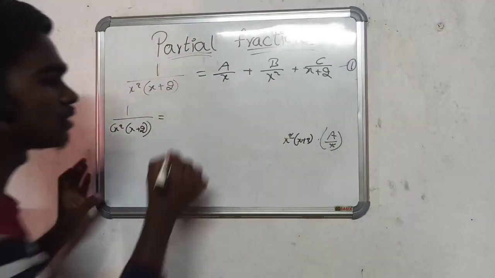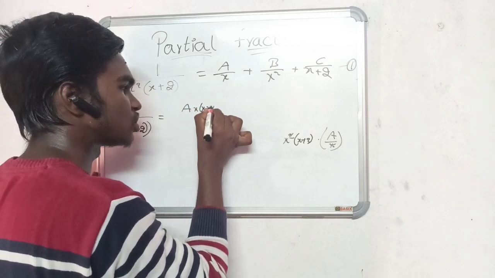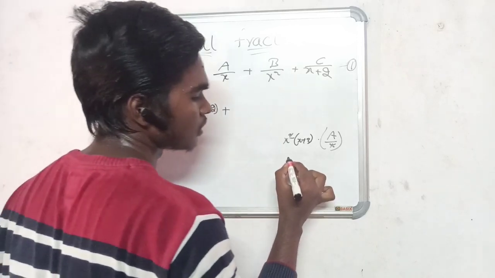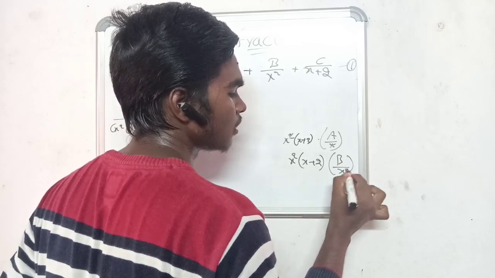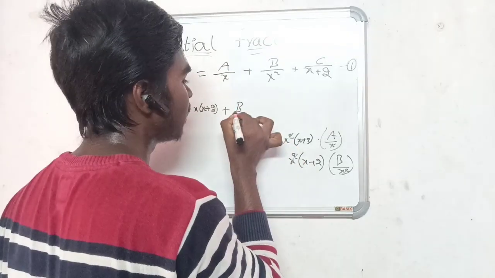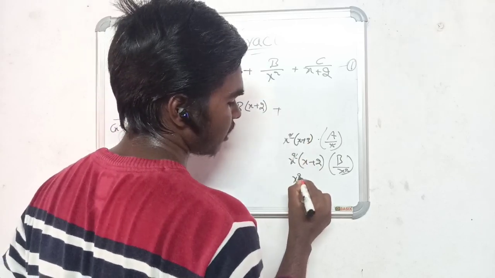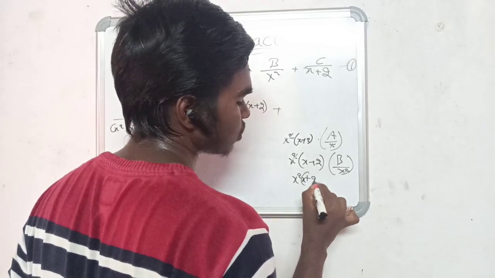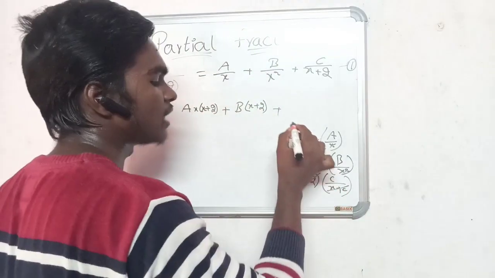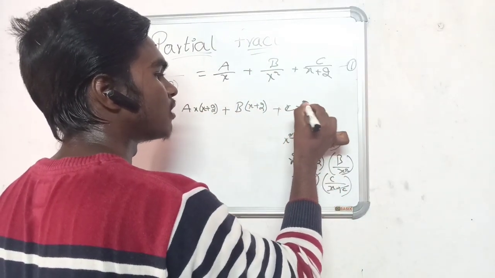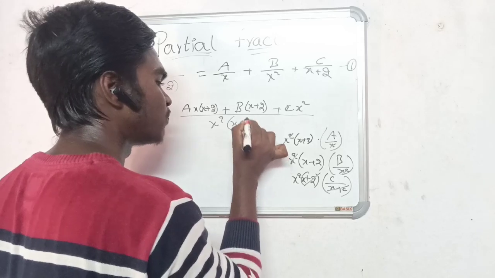Then the remaining one is a x into x plus 2, plus x square into x plus 2 into b by x square, then x square will be cancelled, b into x plus 2, plus x square into x plus 2 into c by x plus 2, where x plus 2 will be cancelled, then c x square will be the remaining. The LCM is x square into x plus 2.